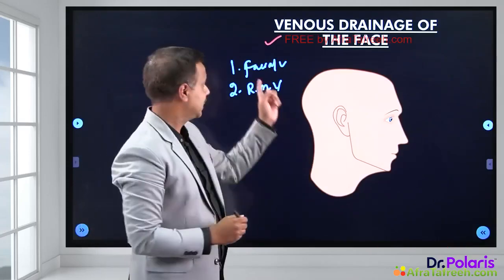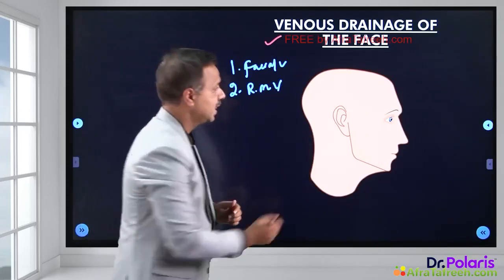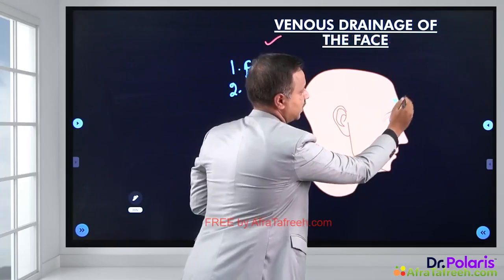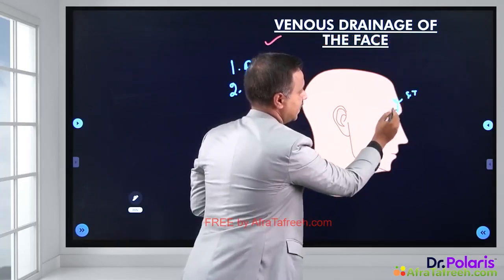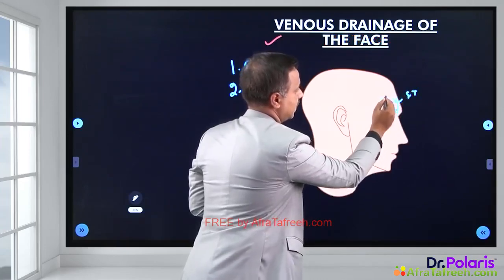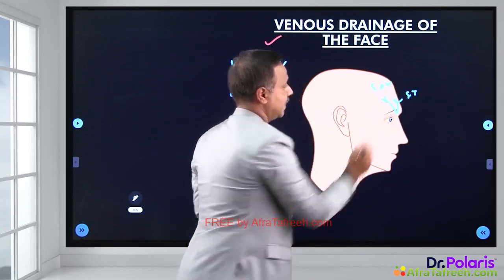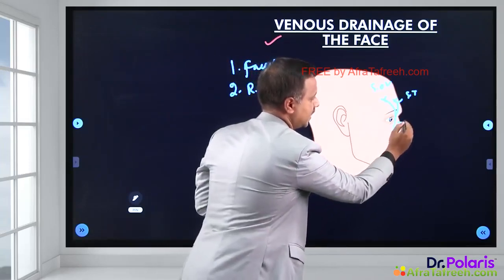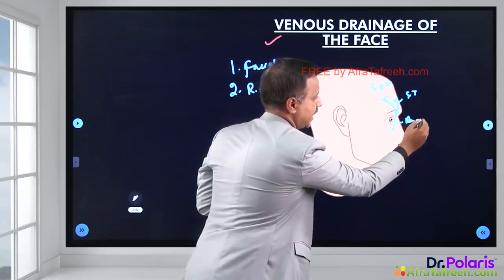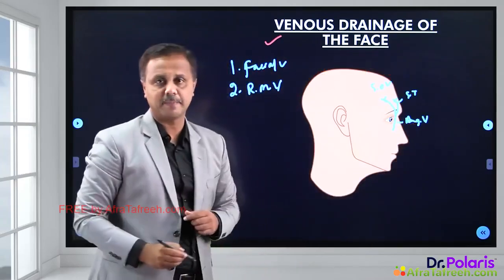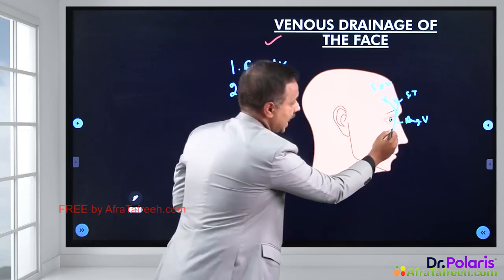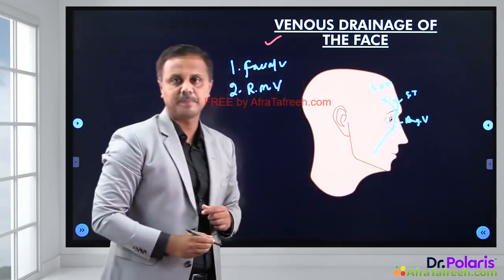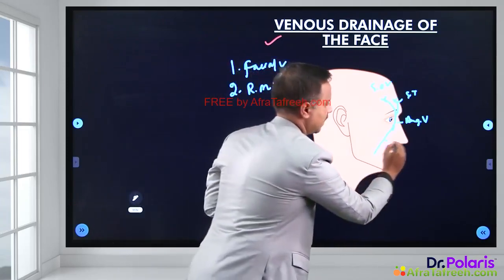Let's begin with the facial vein. Fine. How exactly does the facial vein begin? We have the supratrochlear vein, then we have the supraorbital vein, which will unite to form a vein referred to as the angular vein at the medial angle of the eye. Then the angular vein will continue down as the facial vein. This is how the facial vein is formed.